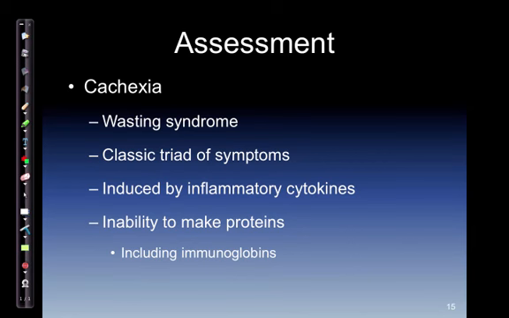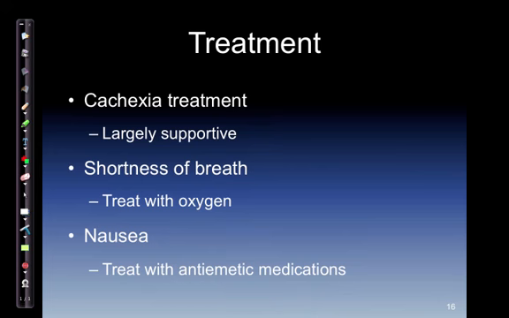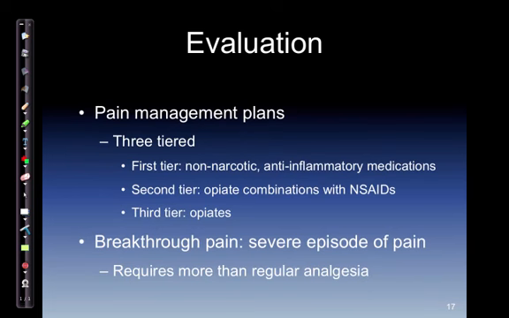So again, it depresses your immune system. As far as treatment of cachexia, largely supportive. Shortness of breath, we treat it with oxygen. The nausea, we should treat with antiemetic medications, things like Zofran or Phenergan, if we have it on the truck, whatever antiemetic medication may be.